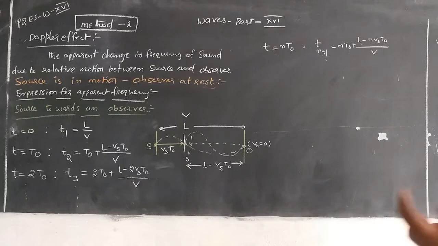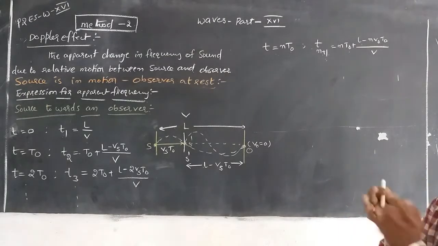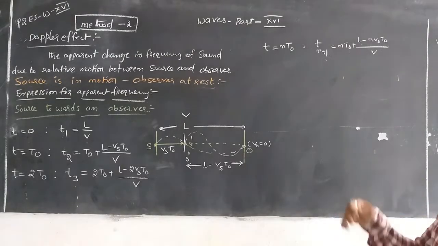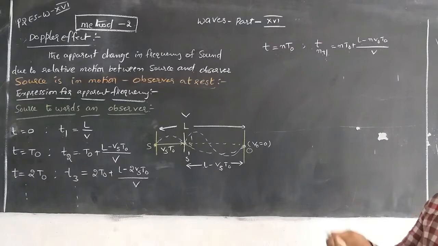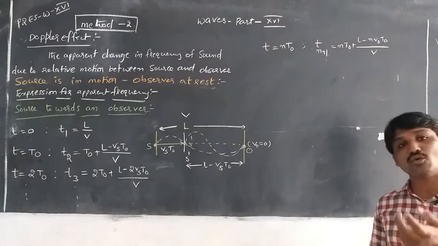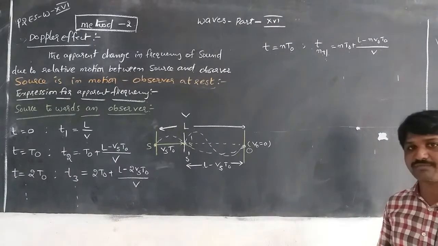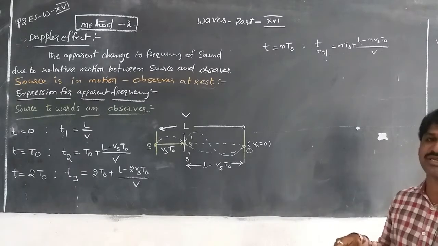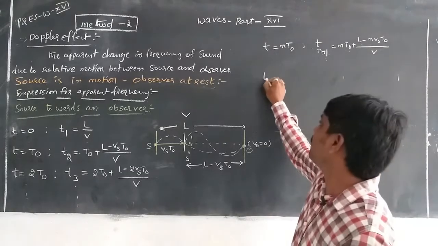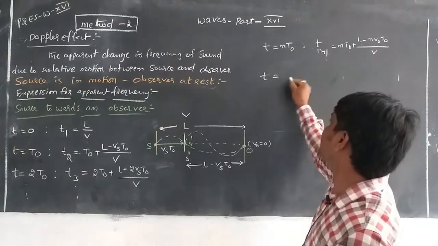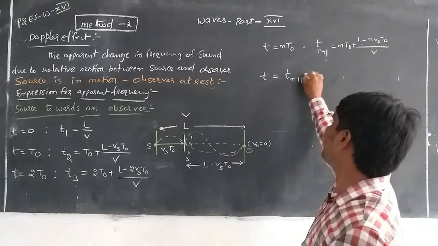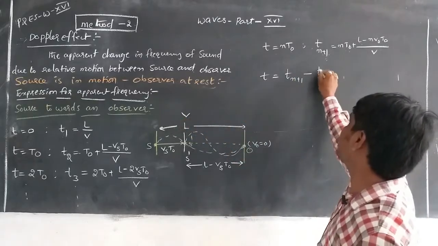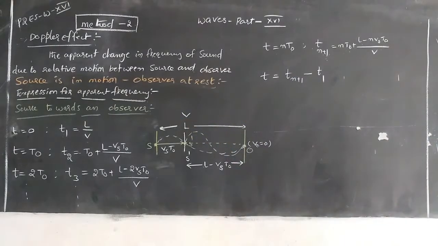The total time taken to receive all the waves by the observer is t, equal to t n plus 1 minus the initial wave time t1.